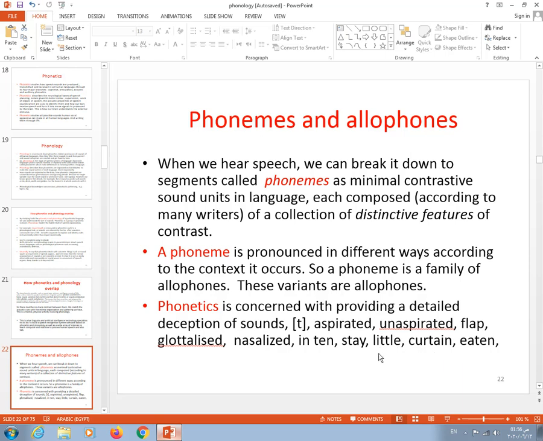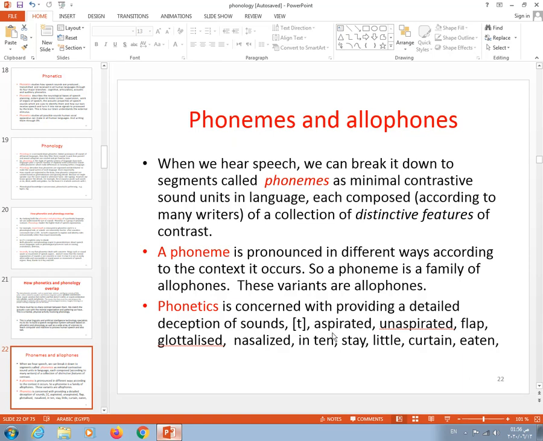It can be glottalized, as in Qatar, and it can be nasalized, as in Eden, due to the influence of the n, which is a nasal consonant. So the surrounding sounds affect our pronunciation of t.